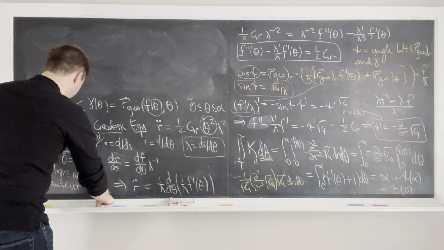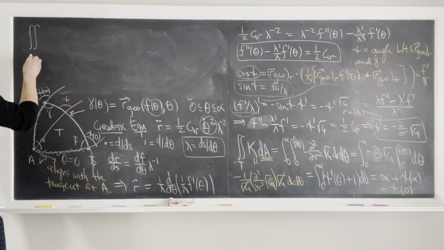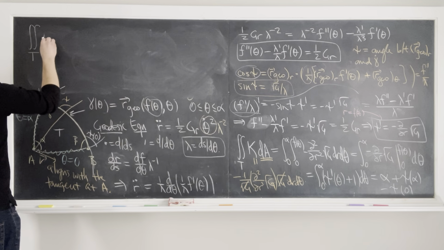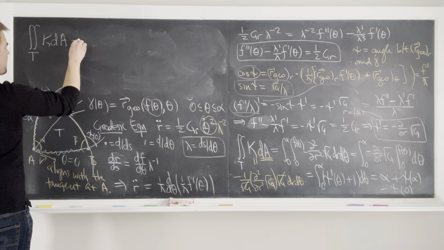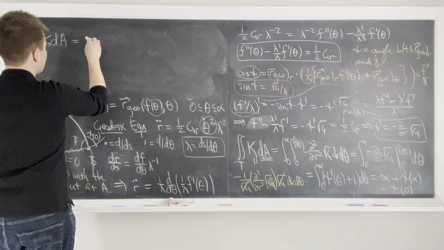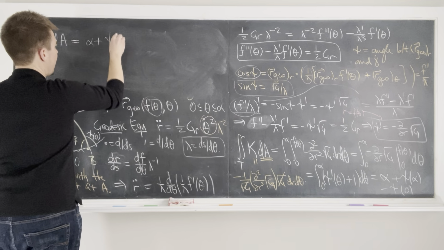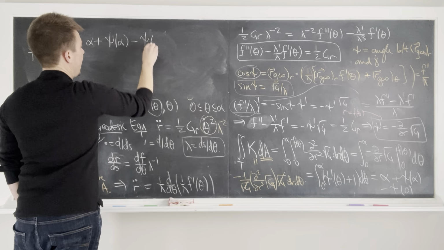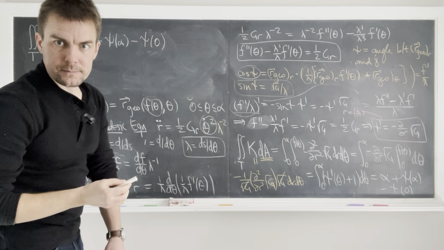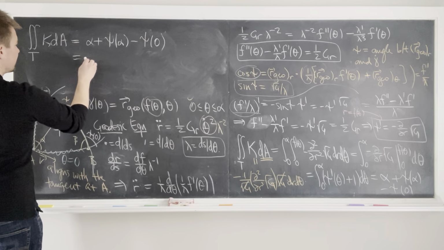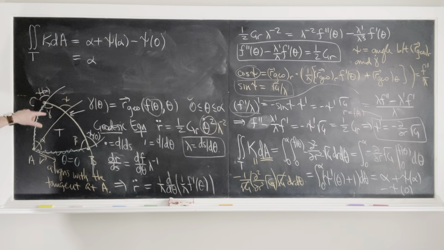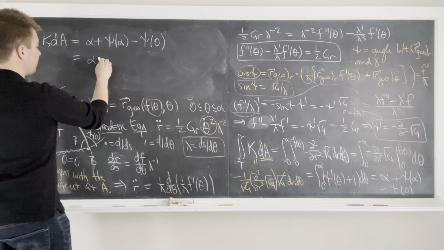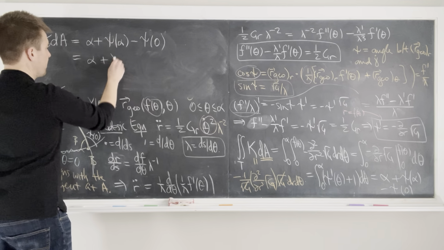And so our conclusion, therefore, is that the double integral over this geodesic triangle of the Gaussian curvature dA is exactly equal to alpha plus psi of alpha minus psi of 0, right? Okay, so this is alpha. Now psi of alpha is the same as the angle gamma. So that's alpha plus gamma.